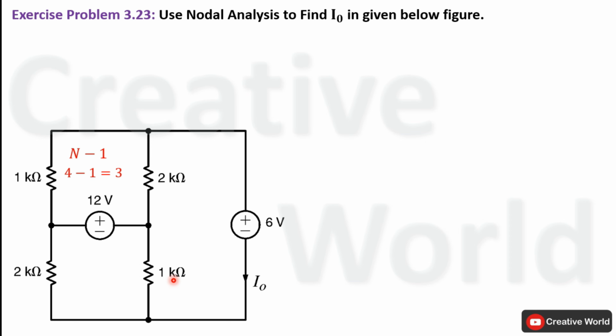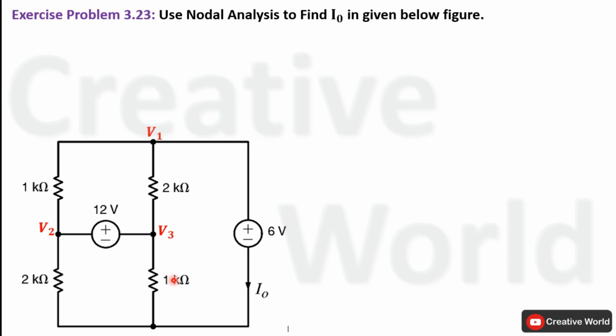In the next step, we have to label all unknown non-reference node voltages. This node is considered as the ground or reference node. The other 3 non-reference node voltages are labeled as V1, V2 and V3. Before we proceed further, if we observe, there is a voltage source connected between 2 non-reference nodes.